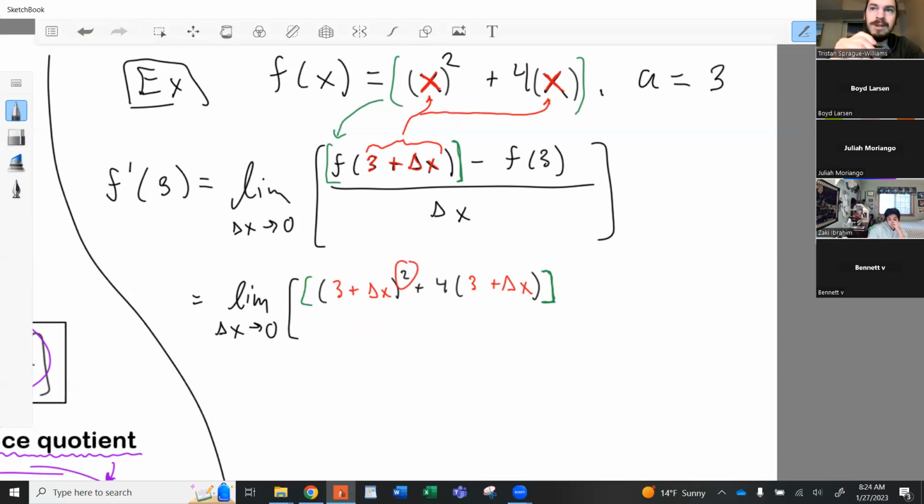If we're squaring the input, we've got to put parentheses around it because the input is 3 plus delta x, two things added together. You've got to enclose those in parentheses to say square the whole thing. And same right here, we really need these parentheses because we're multiplying this input by 4. If the input is two things added together, you've got to put parentheses to indicate that the multiplication needs to distribute across the addition.